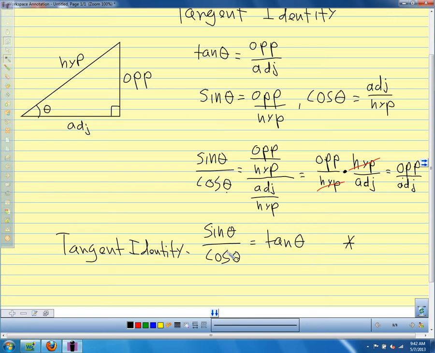So this is true for any angle in a triangle. Sine of theta divided by cosine theta equals a tangent of theta. And that just comes from writing sine of theta and cosine theta as a fraction and working with that fraction.